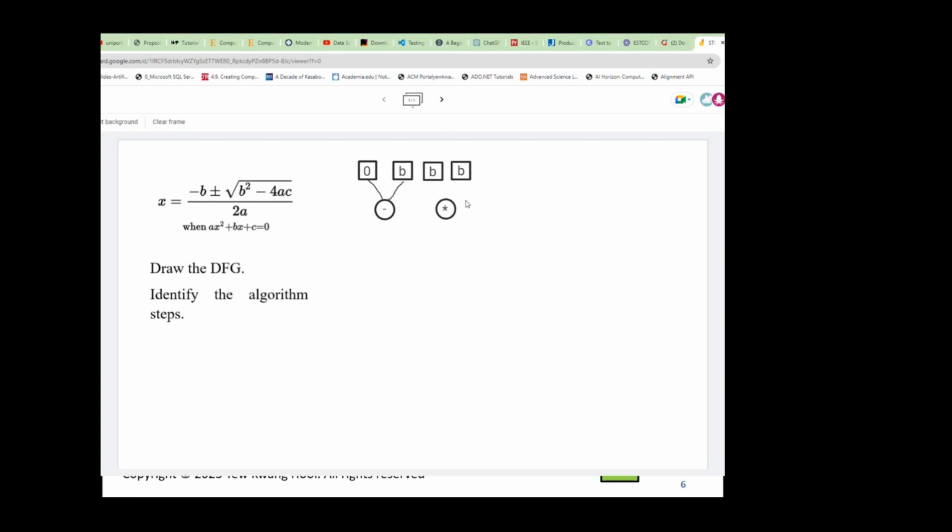Then I'm going to prepare 4AC. Four times. You see, if only I can just draw the lines 4A and C to multiply, right? But no, I must multiply 4 with A first, and then multiply the result with C. Or you may multiply A and C first, then multiply with 4. Yeah, it's entirely up to you. Both are correct.